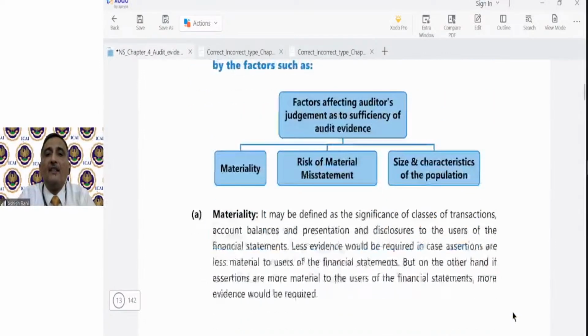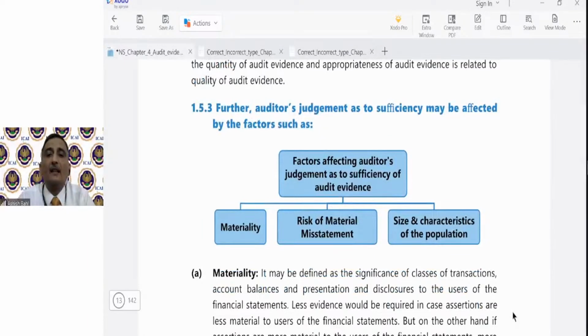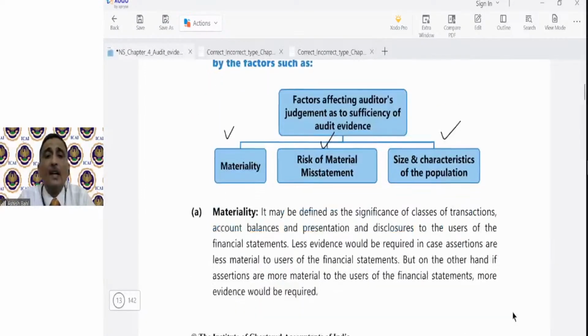So sufficiency of audit evidence, students, can be affected by materiality, risk of material misstatement, and size of population. Materiality, you are quite familiar. We have read it in Chapter 3.